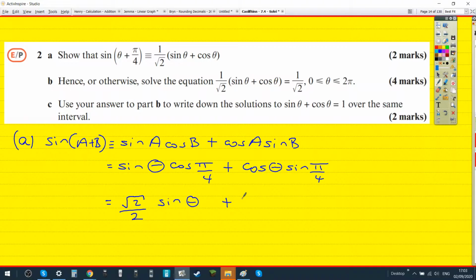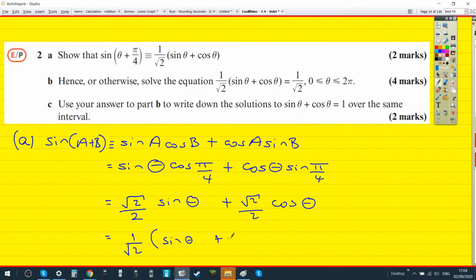Plus sine pi over 4 is also root 2 over 2, so plus root 2 over 2 cos theta. And then we can factorize that to 1 over root 2 brackets sine theta plus cos theta.